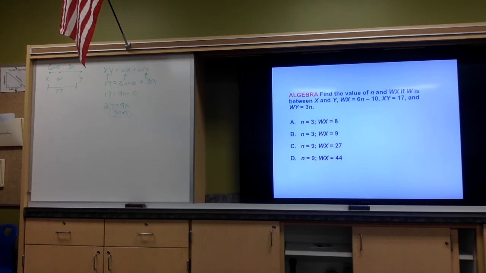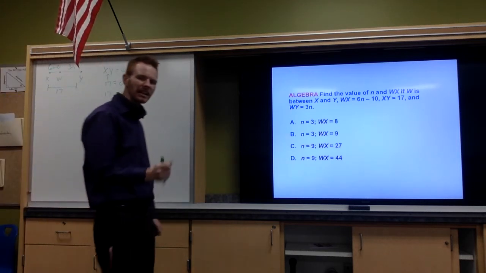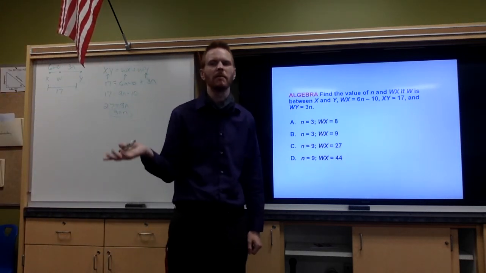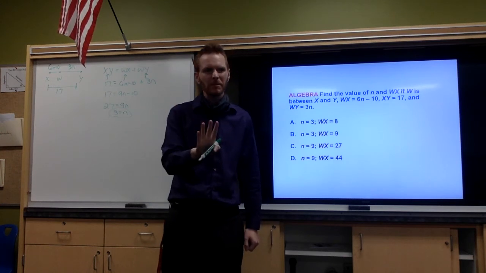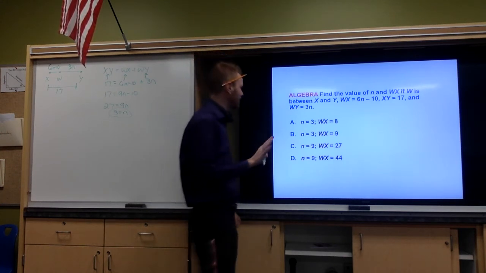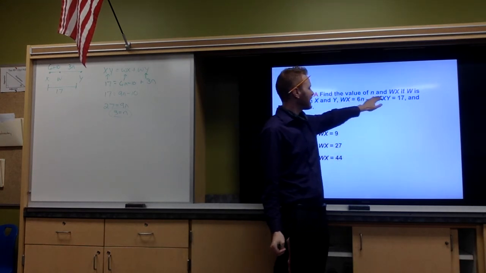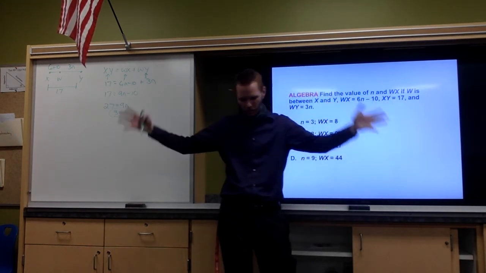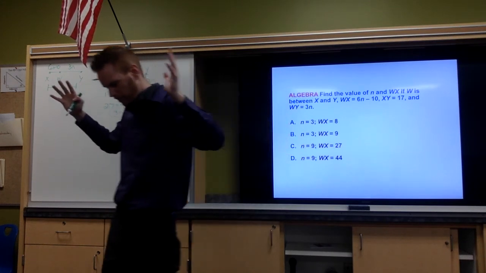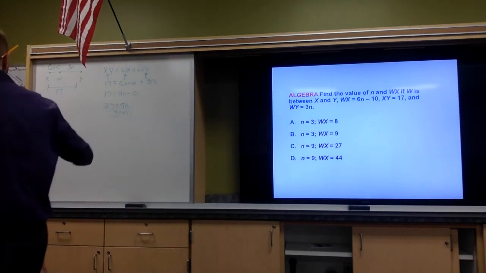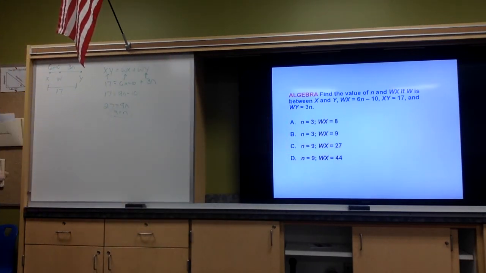We're not done. After you get an answer in mathematics, you just want to be like, oh, I'm done. And it's common to do that, but you always got to look back. Is there more? Of course there's more. Find the value of n and WX. What's the length of WX?